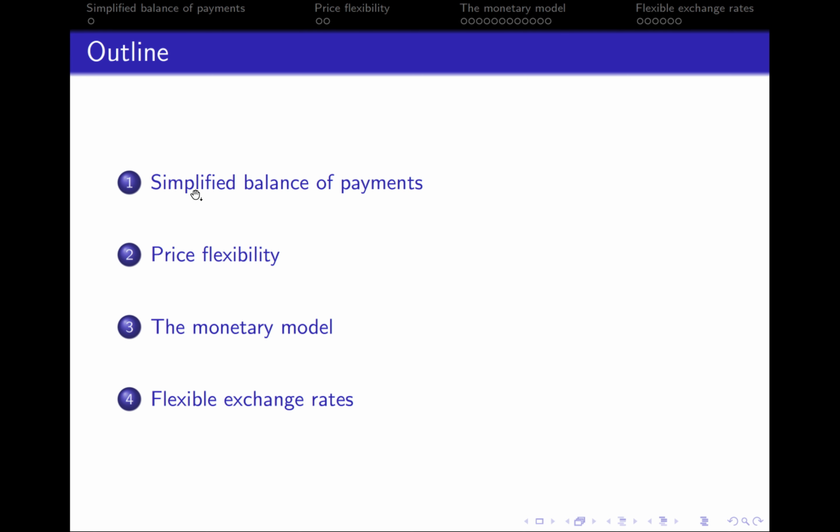So first, we're going to simplify the balance of payments that you discussed with Yana in detail before, so we can model the monetary approach with greater ease. Then we're going to move to something we already discussed in macroeconomics classes, which is price flexibility.